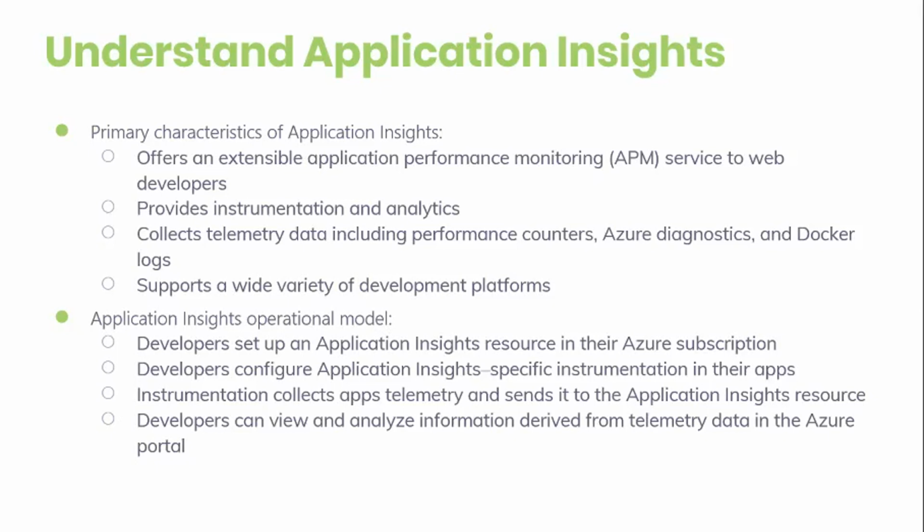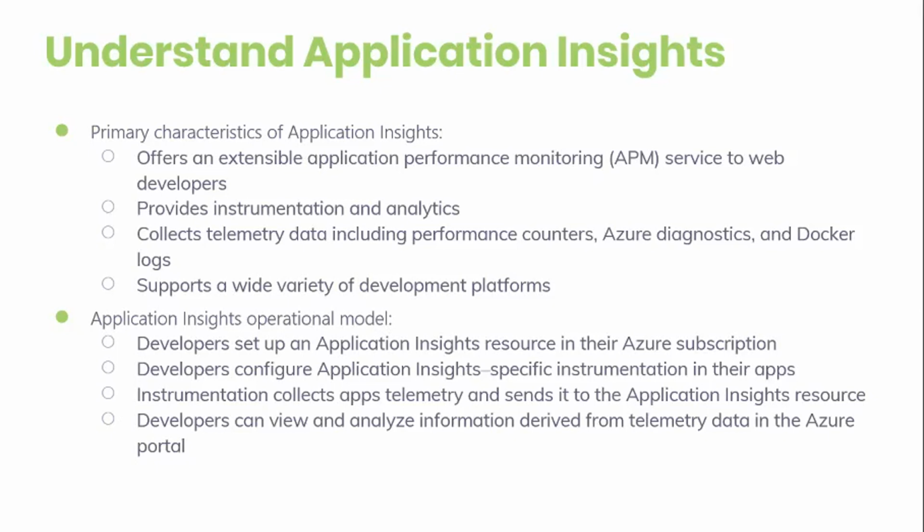After you install a small instrumentation package in your application and set up an Application Insights resource in the Azure portal, the instrumentation monitors your app and sends telemetry data to the portal. In addition, you can pull in telemetry from the host environment, such as performance counters, Azure Diagnostics, or Docker logs.